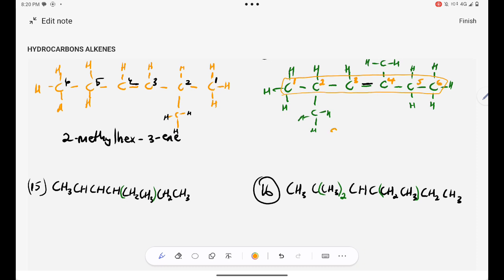I know that I will simply have 2,4-dimethyl. And then since the parent chain has 6 carbons, the prefix will be hex. Between carbon number 3 and 4, I have a double bond. I'll simply write a 3 there, and then ene for my suffix. So the IUPAC name is just 2,4-dimethylhex-3-ene.